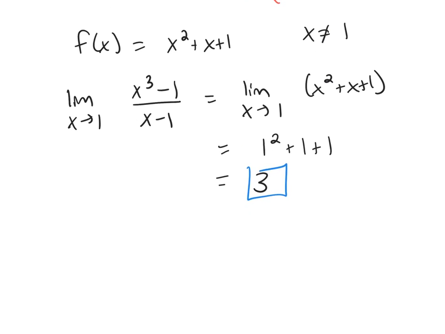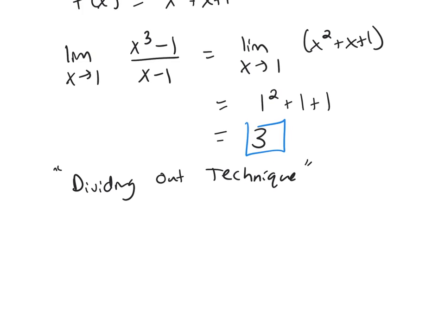So sometimes this technique is called the dividing out technique. The idea is you're canceling and reducing down your function, essentially.